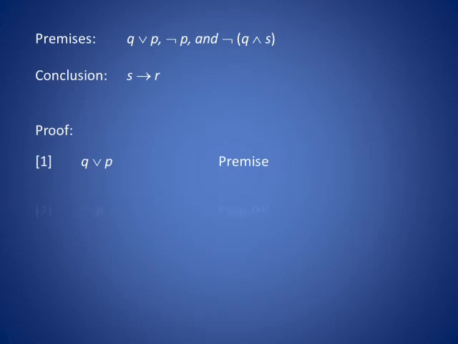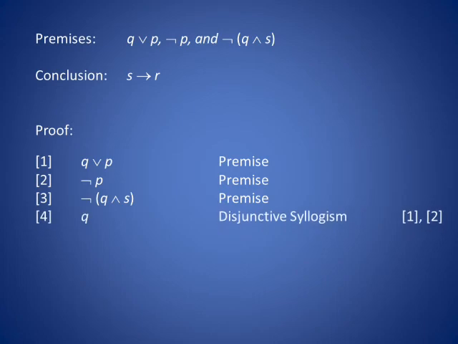Q or P, not P, together with the negation of the conjunction of Q and S. From the first two premises, we see that Q must be true, since at least one of Q or P is true, and P is false, so the disjunctive syllogism rule applied to lines 1 and 2 results in Q. Applying the De Morgan equivalence rule to line 3, we rewrite it in the form not Q or not S.